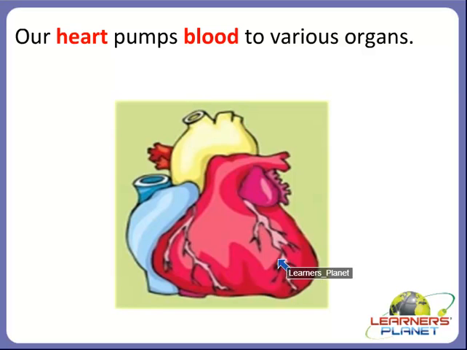They are the thin tubes through which the blood flows to all parts of our body. So we can say that the heart, blood and blood vessels make up our circulatory system, right?